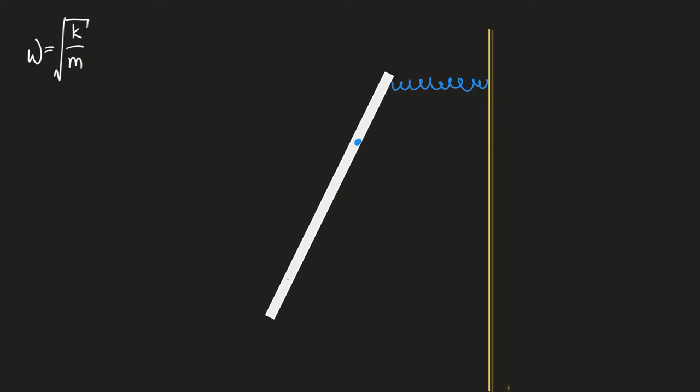So they have a rod that's got a pivot point here, and there's a spring attached to one end. And they set it up so that it can oscillate.